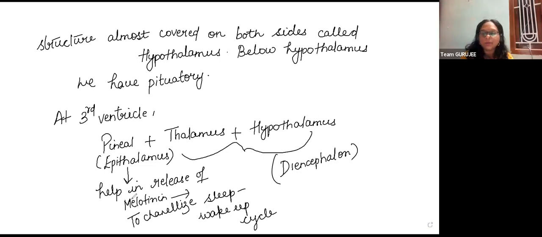Okay. Now, one more thing is very, very important. Please make a note of it. This thalamus is actually the control center. You might have heard of this also. All the information from the spinal cord, suppose you have touched a hot pan.